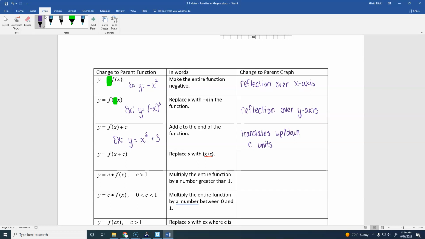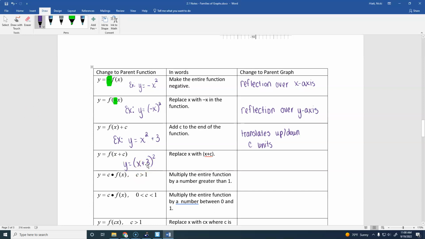All right, inside of the parentheses, that would be something like this. X plus 3 is added together and then squared. What does that do when it's inside of the parentheses? Left or right. And like this plus 3 right here, which direction would it go?